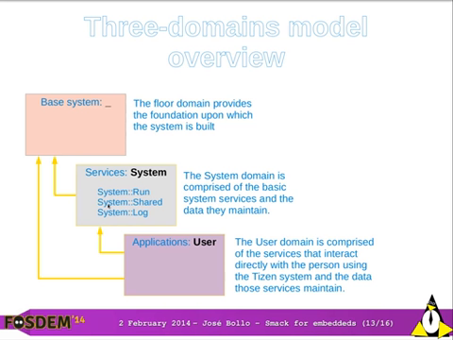This one for the logs, this one for the IPC to the domain, shared that is for memory. And then the user applications are using the user domain and have access to some services provided by the system domain, and all the services provided by the bus system.